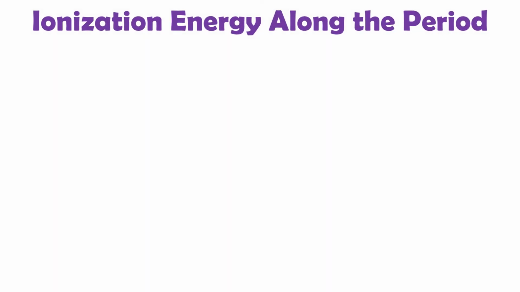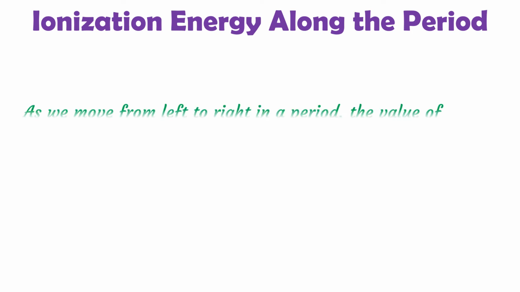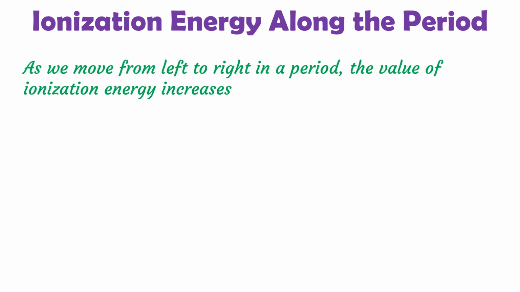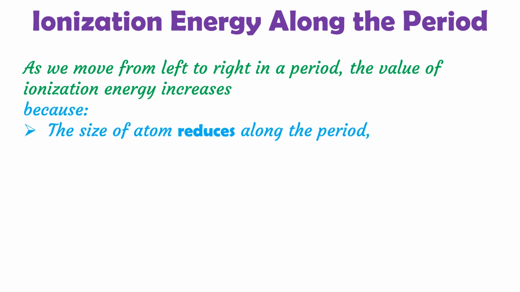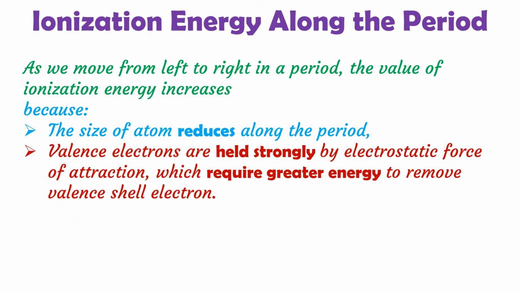What is the trend of ionization energy along the period? You know, as we move from left to right in a period, the value of ionization energy increases, because the size of atom reduces along the period. Valence electrons are held strongly by the electrostatic force of attraction due to smaller size, which requires greater energy to remove valence shell electron.